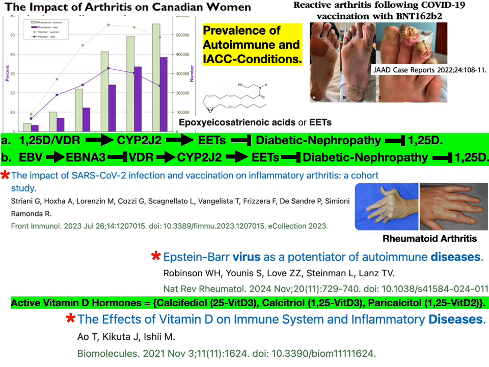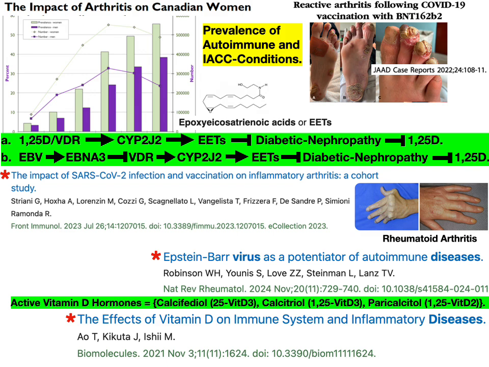So how does this pertain to autoimmune and IAC conditions? Here are 3 papers as background on this subject. The impact of SARS-CoV-2 infection and vaccination on inflammatory arthritis, a cohort study.